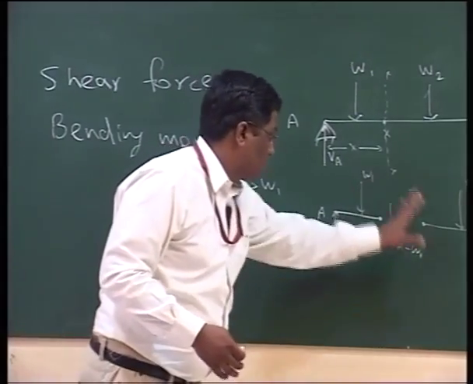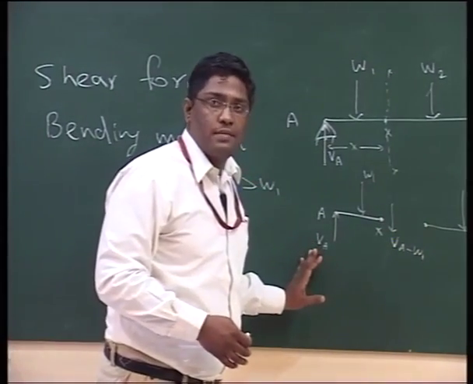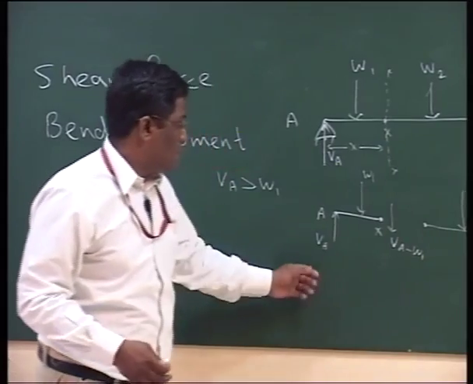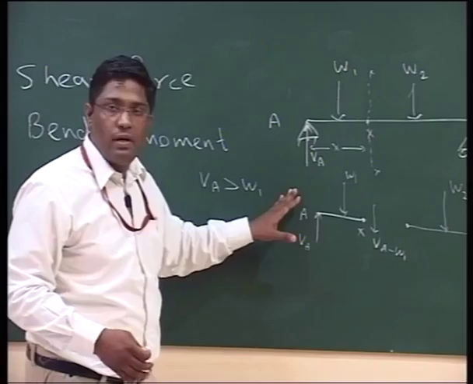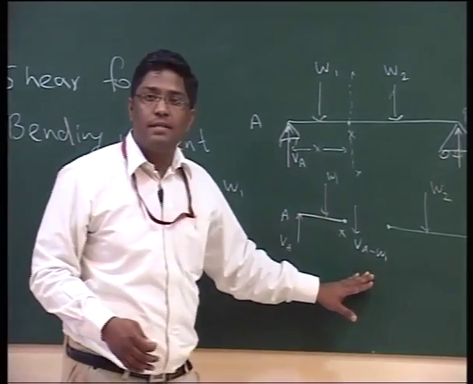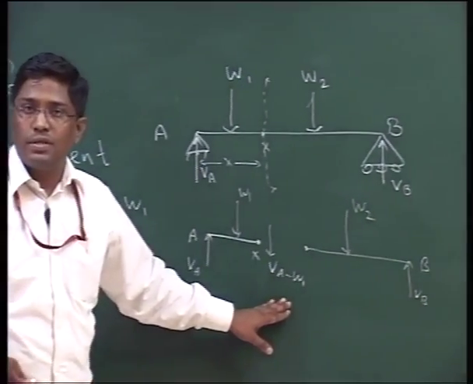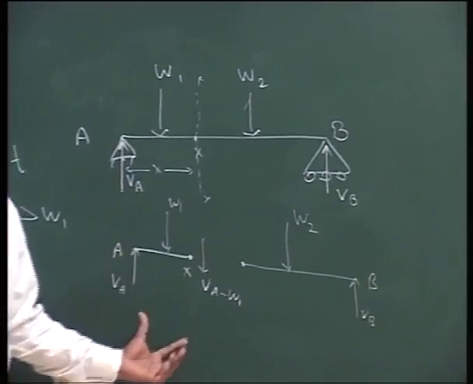So now if we analyze this part, we can quite easily see that the net resultant force is 0 because VA is going upward, whereas W1 and VA minus W1, these both are going downwards. So this particular part is in equilibrium.